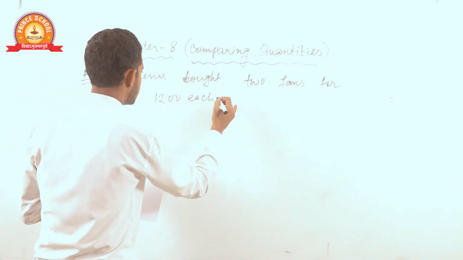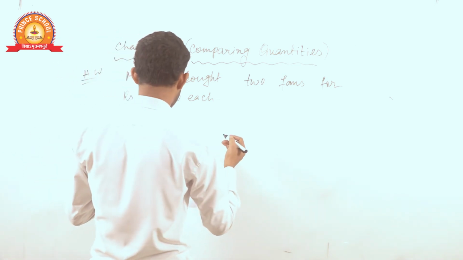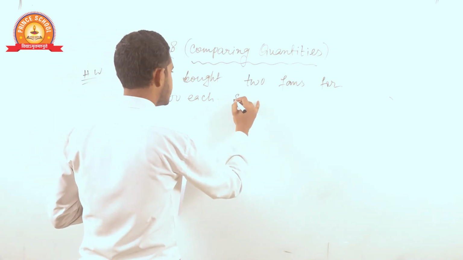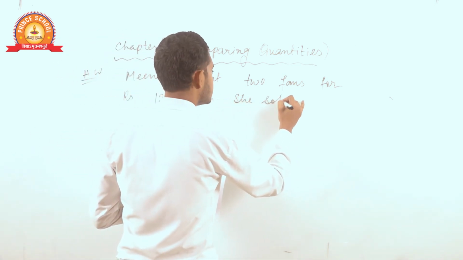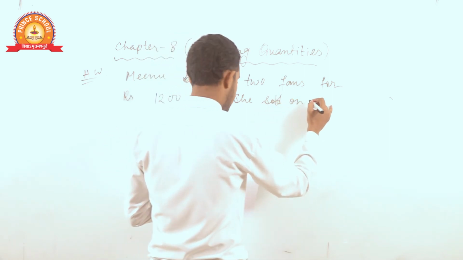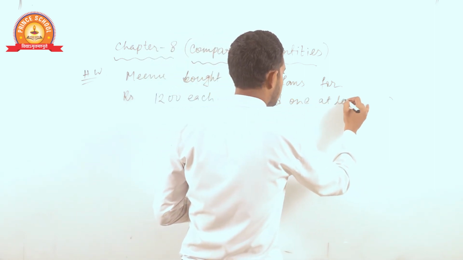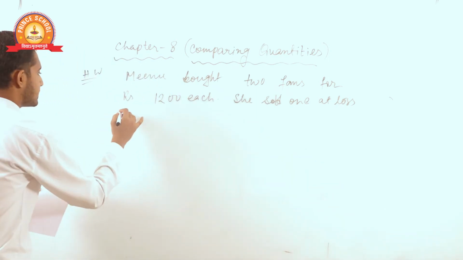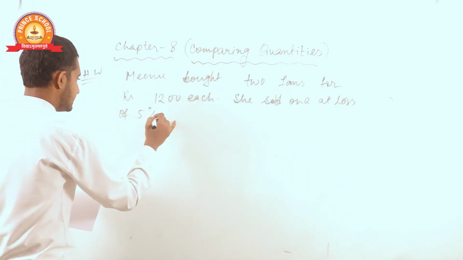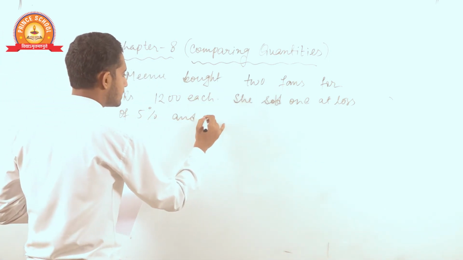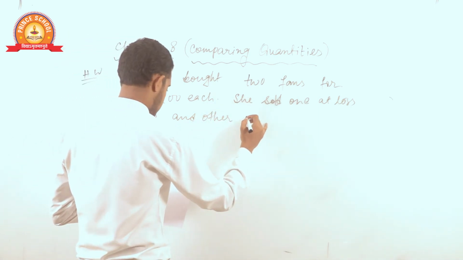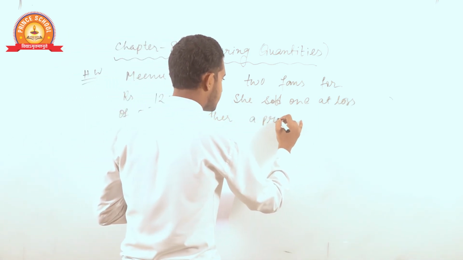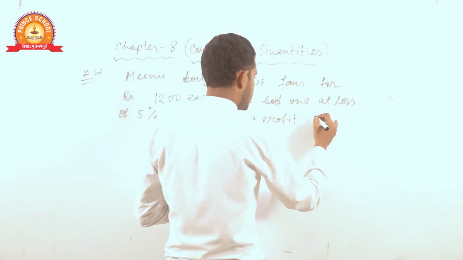In your question it says Minu bought 2 fans for rupees 1200 each and she sold one at a loss of 5% and the other at a profit of 10%.